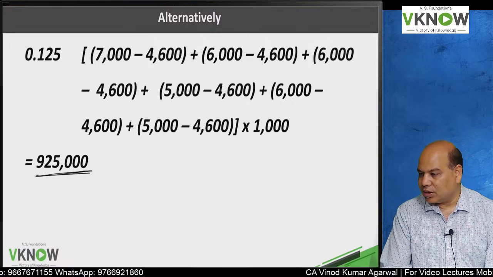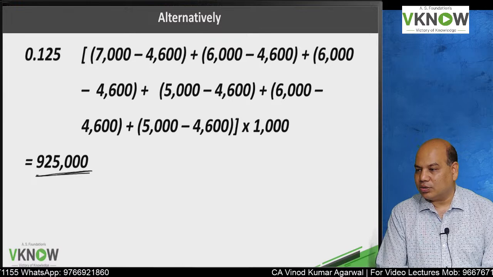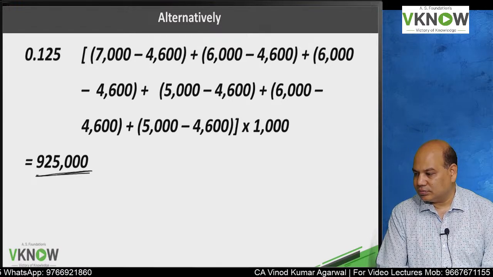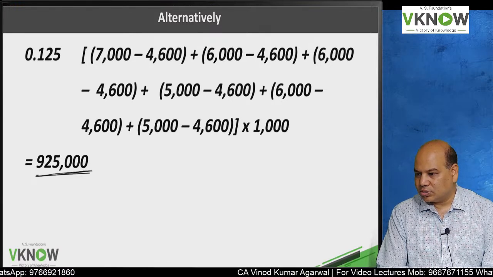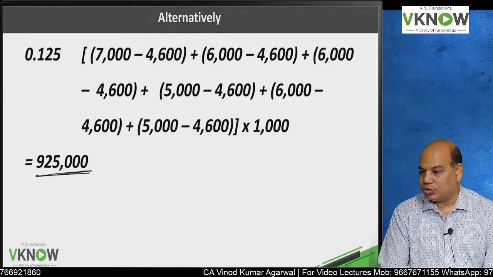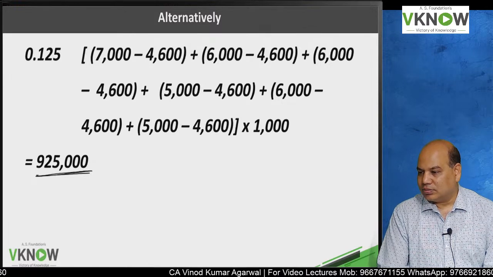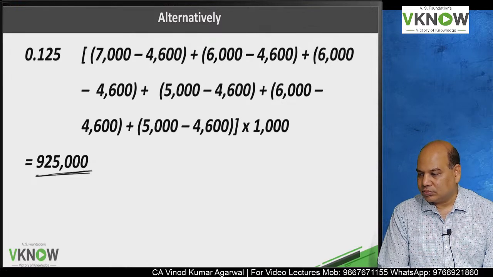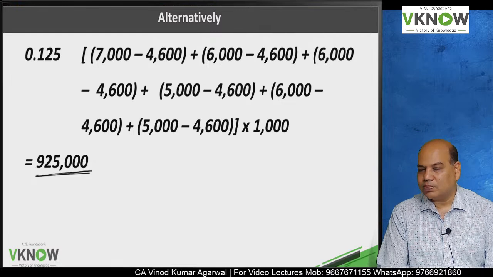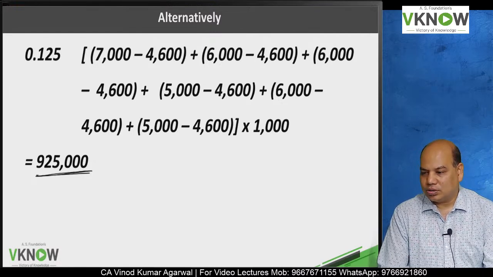One student had replied 2,25,000. 2,25,000 is not right. You could have said 25,000 additional benefit. So 9 lakh plus 25,000 additional advantage due to abandonment.